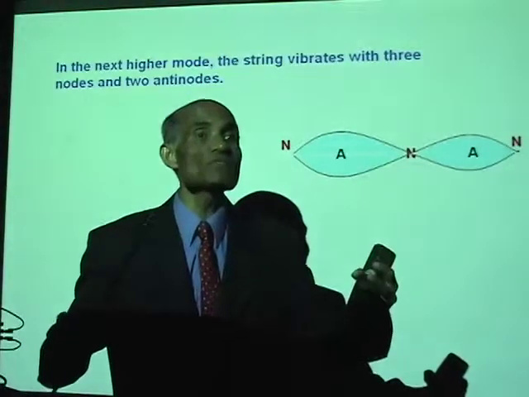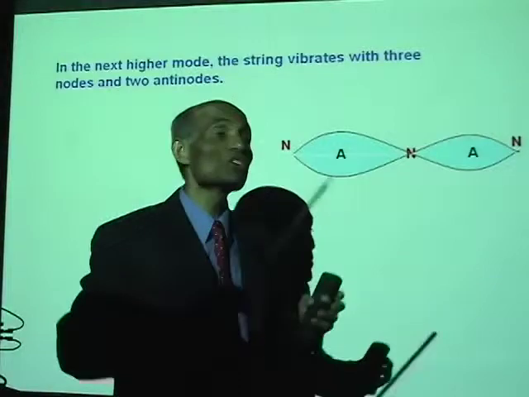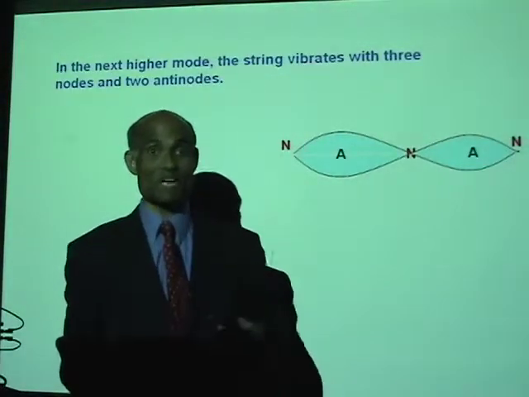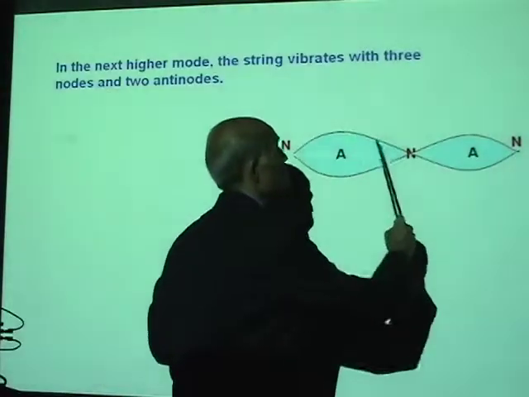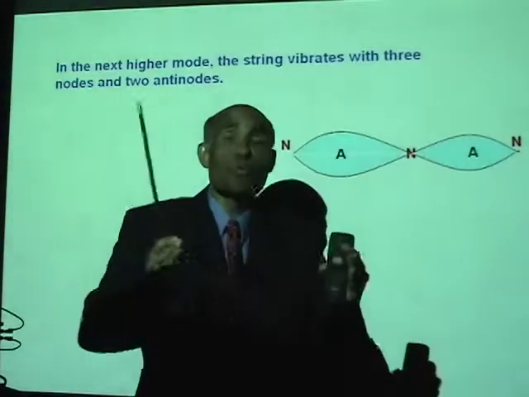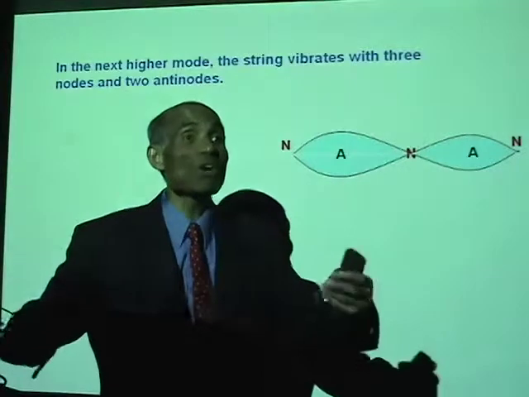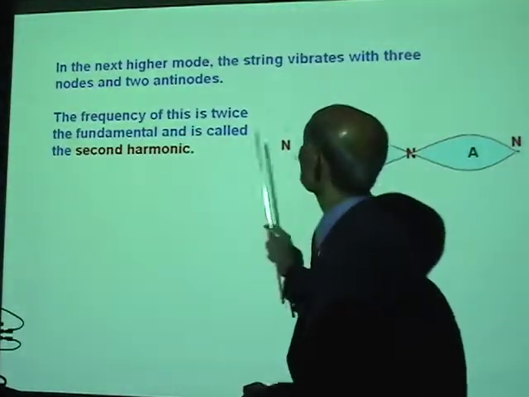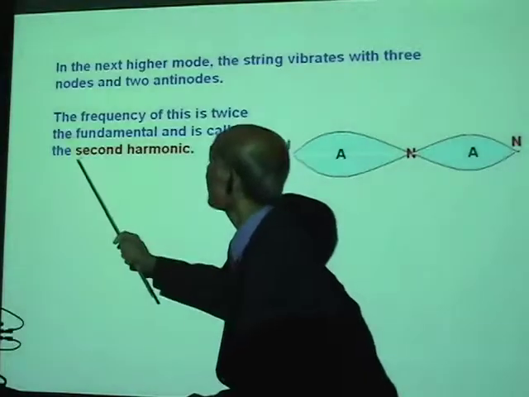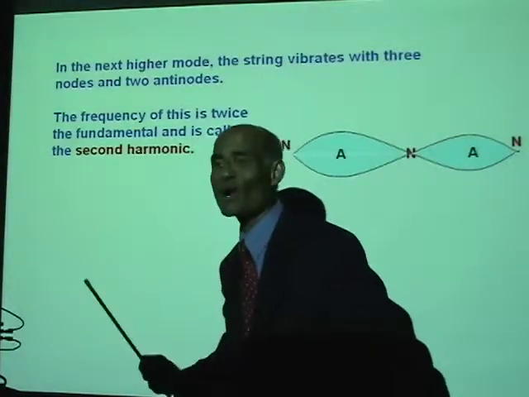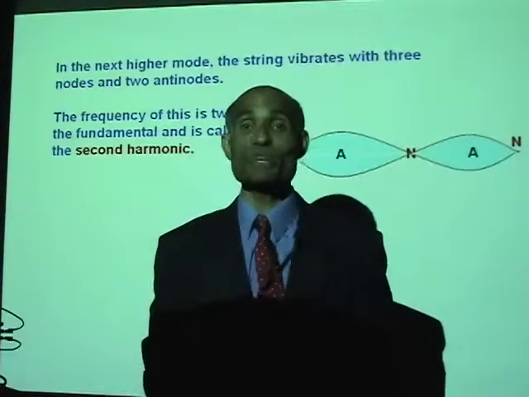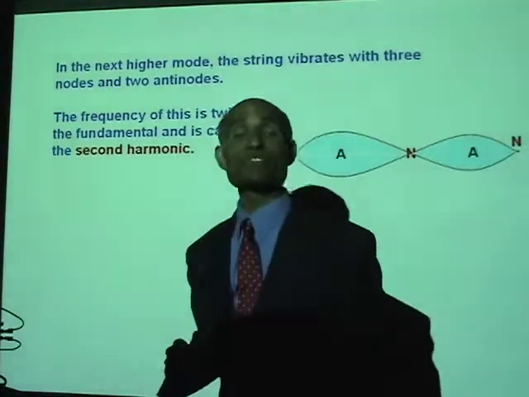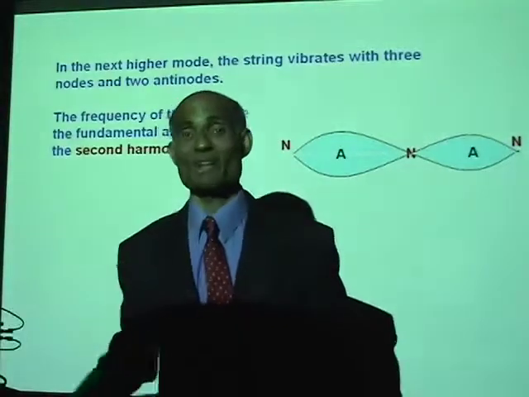How many waves are contained in the length of the string now? Well, if you understand that concept, you know that the string now contains 2 full loops. That is the whole wavelength. Is that right? Yes. And the frequency of this mode is called the second harmonic of the string.